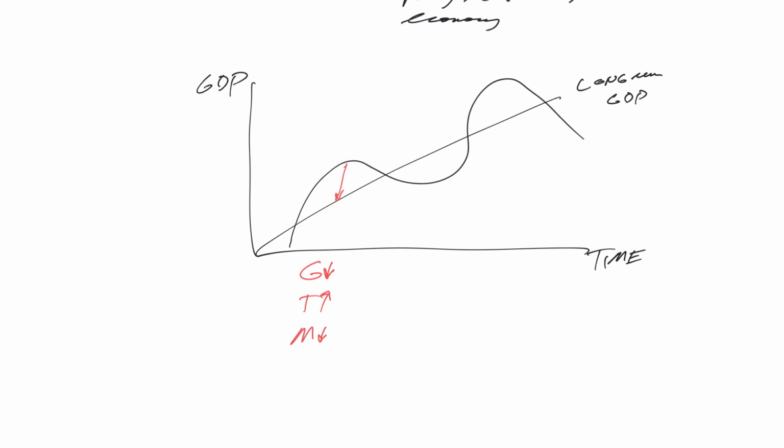Or, when you're down here below the long run sustainable growth, we want to build that up. We want to prop that up there. What would you do there? Well, you would increase government spending, could lower taxes, and increase the money supply on monetary policy.